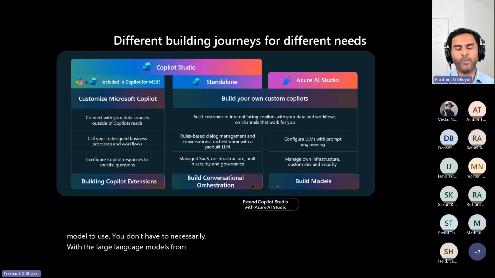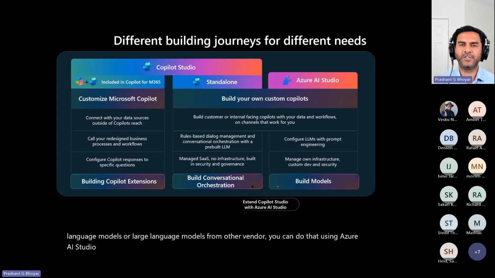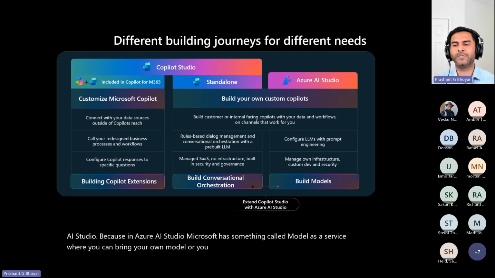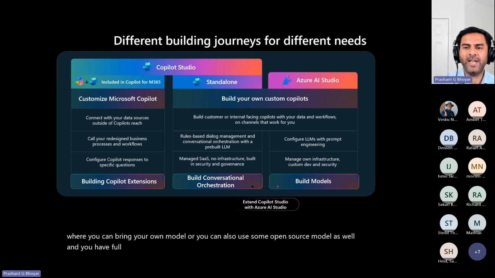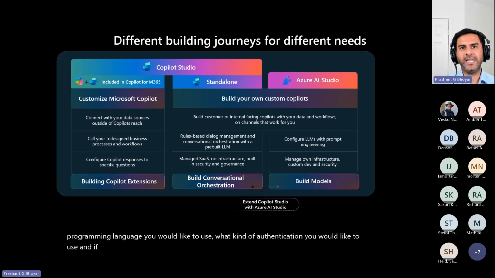In case you would like to use open-source large language models, or large language models from other vendors, you can do that using Azure AI Studio, because Microsoft has something called model as a service, where you can bring your own model or use an open-source model. And you have full control over the underlying infrastructure, which programming language you would like to use, what kind of authentication you would like to use, and if you would like to integrate with any database of your choice.